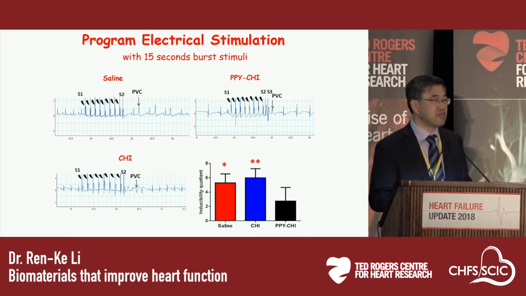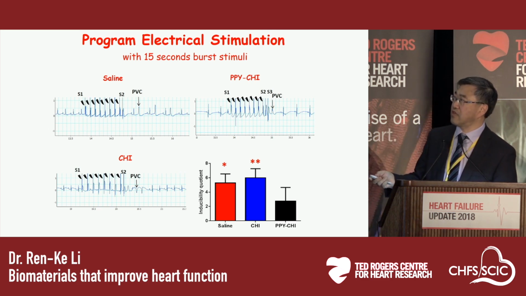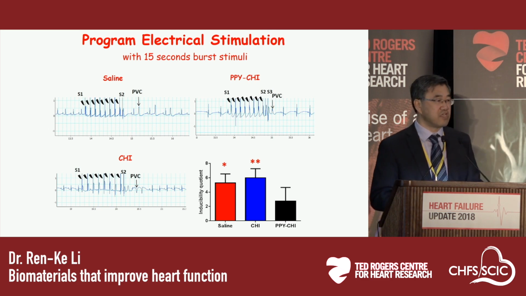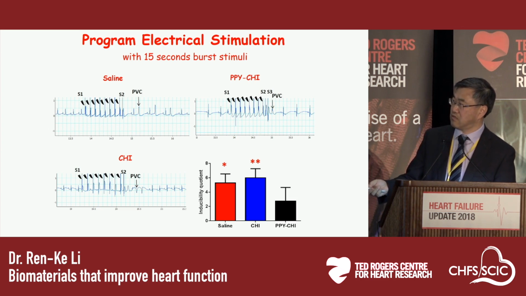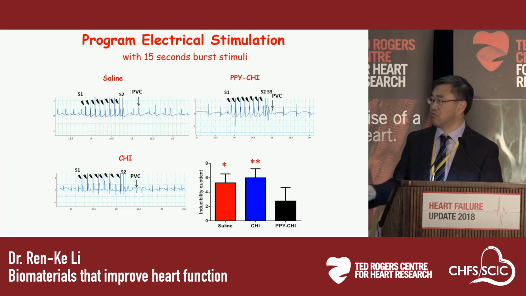And then we used the way clinicians evaluate arrhythmias, which is programmed electrical stimulation. We found animals injected with the biomaterial are much less prone to arrhythmias compared with the control group.